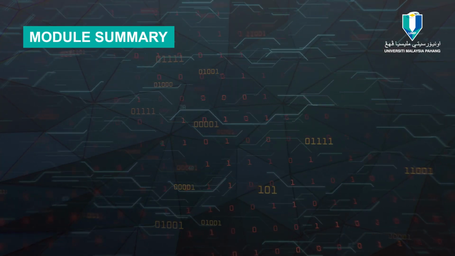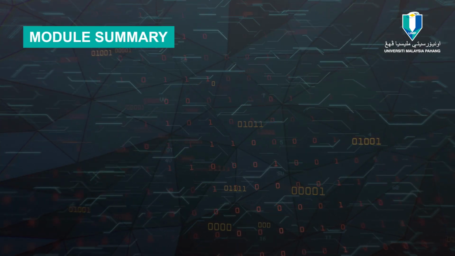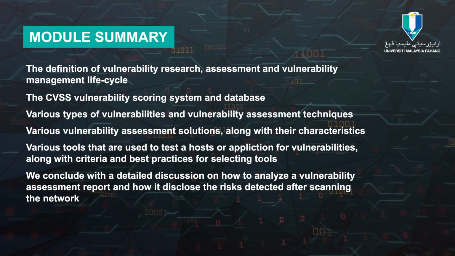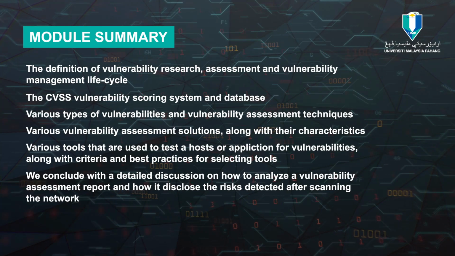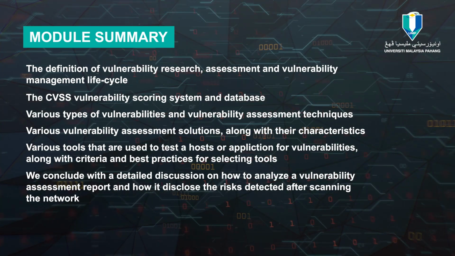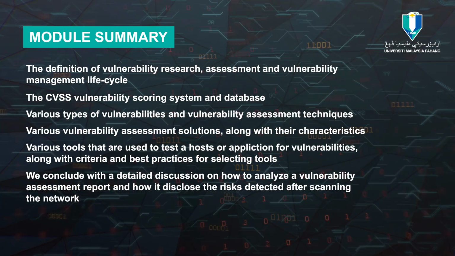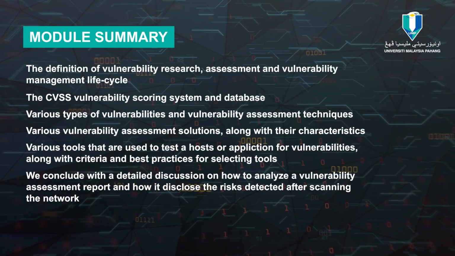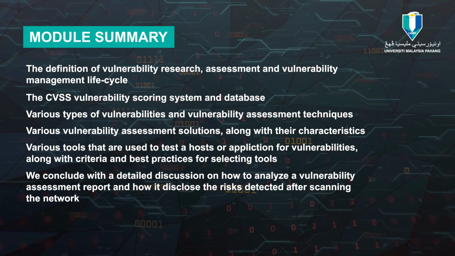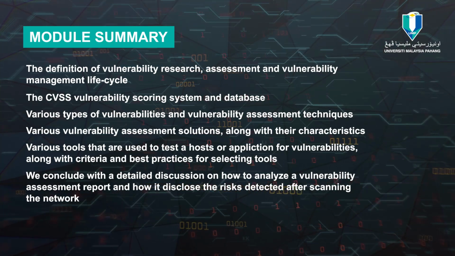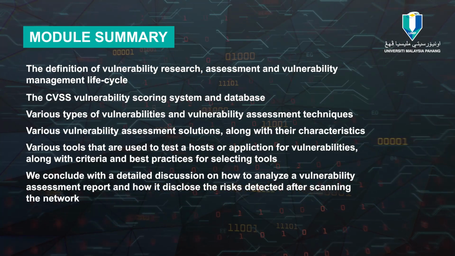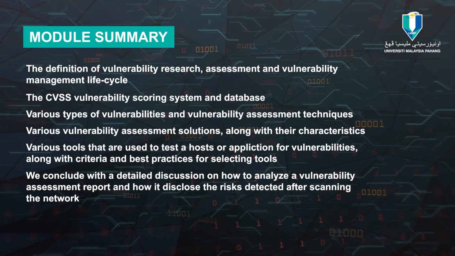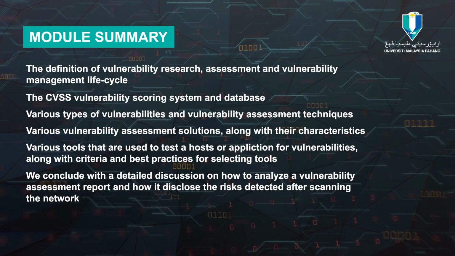For this module summary, in this module we have discussed the definitions of vulnerability research, vulnerability assessment, and the vulnerability management life cycle, the CVSS vulnerability scoring system and databases, various types of vulnerabilities and vulnerability assessment techniques, various vulnerability assessment solutions along with their characteristics, and various tools that are used to test hosts and/or applications for vulnerabilities, along with the criteria and best practices for selecting tools.